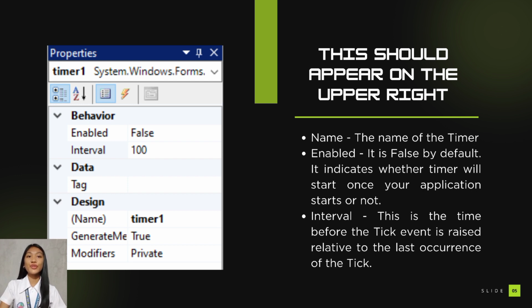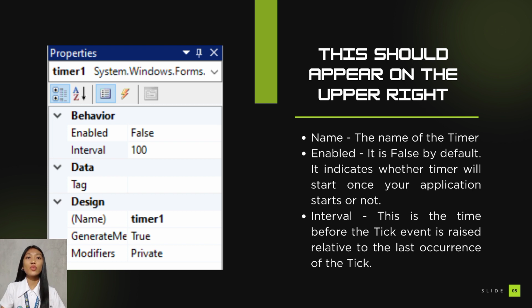Let us discuss first the name. It is simply the name of the timer, and we name it the same way we name the text boxes and the labels. It is important to name it so we know what to write in our code later. Within the behavior section, we can see enabled and interval. As for enabled, it is false by default, and can be set as true or false.